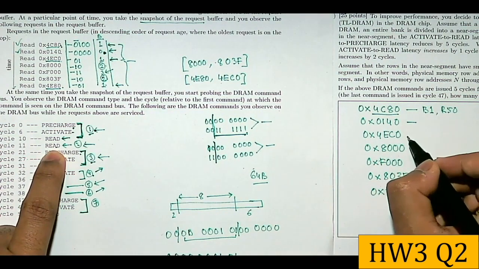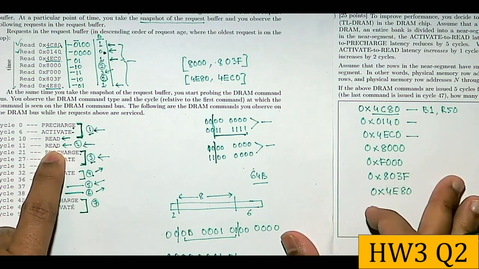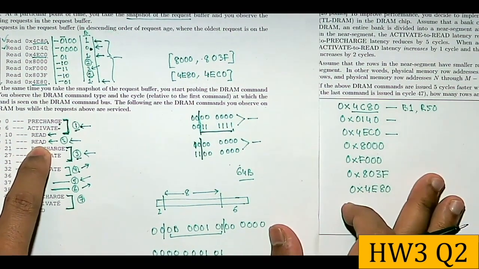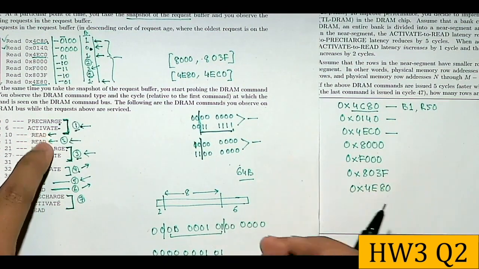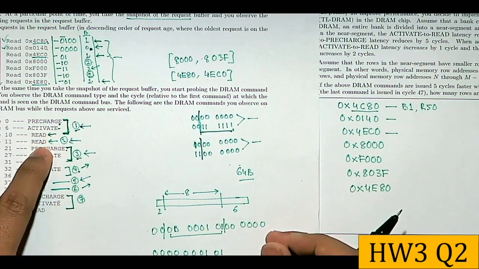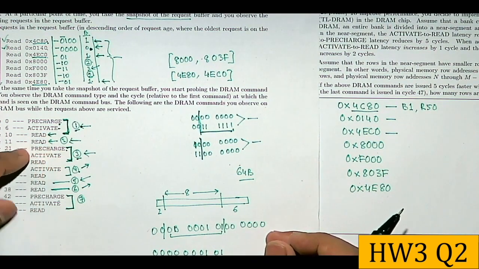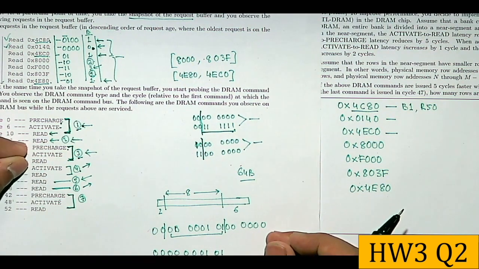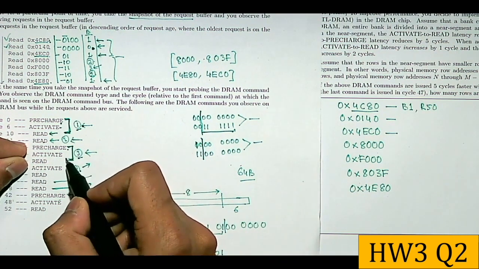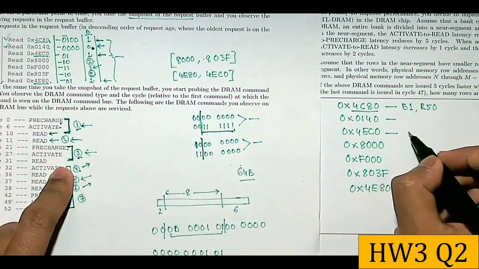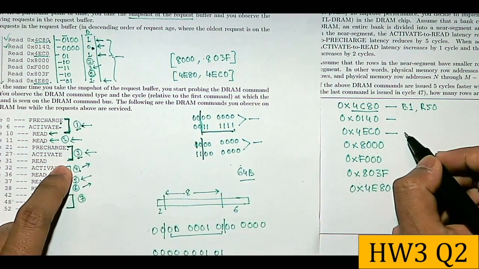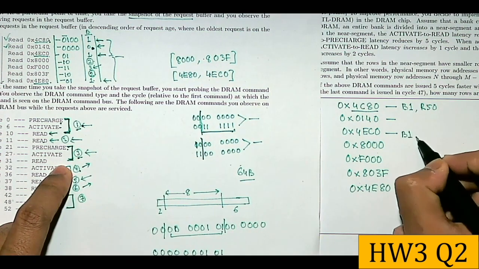Okay, so this is just a read command for the second guy. So let's not consider that for now, because these guys are not creating any activate requests. The third access also comes with the issue sequence: pre-charge, activate, and read. So let's see. This guy is also to bank 1.